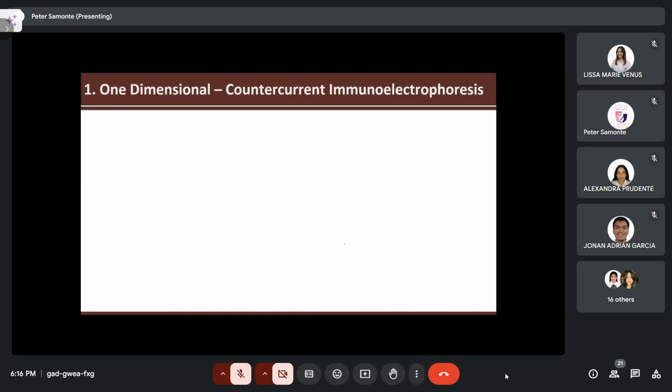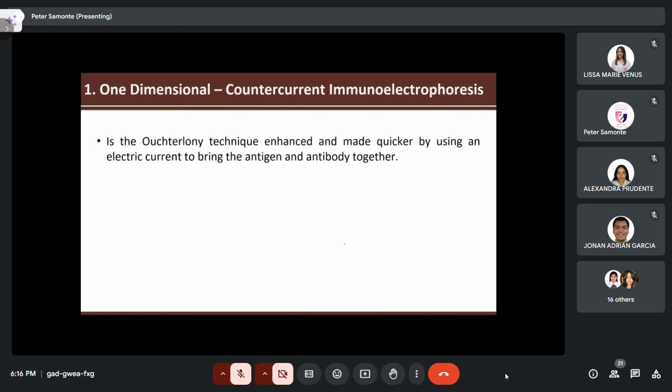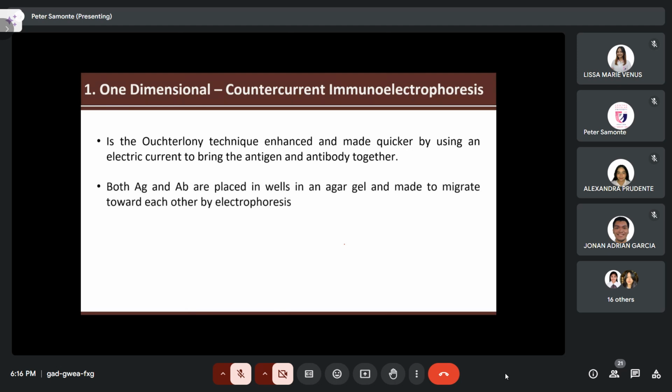Okay, let's go to the next one, yung one-dimensional countercurrent immunoelectrophoresis. So this is an Auster-Loney technique that is enhanced and made quicker by using an electric current to bring the antigen and antibody together. Both antigen and antibody are placed in wells in an agar gel and made to migrate towards each other by electrophoresis.